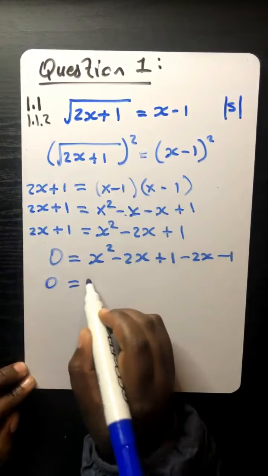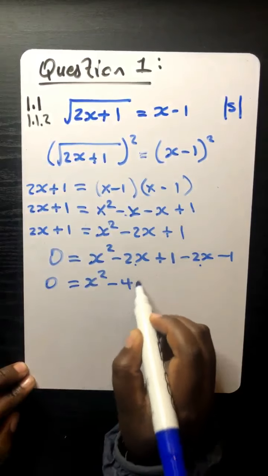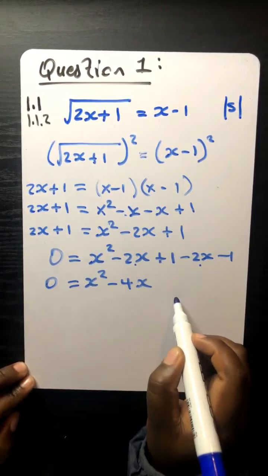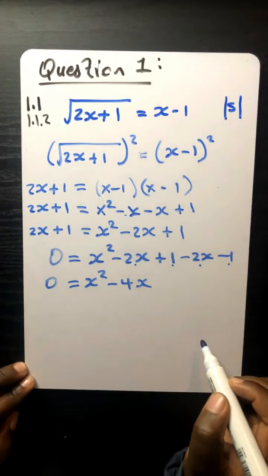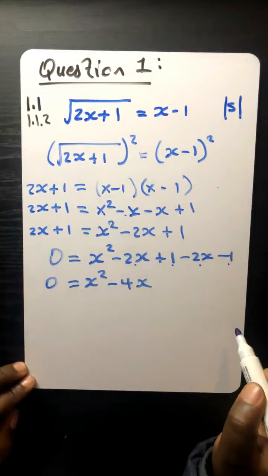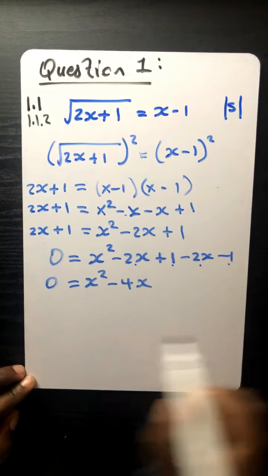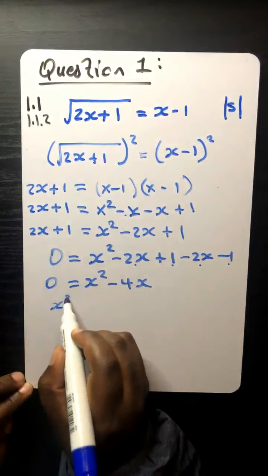You have 0 being equal to x squared, that and that gives you minus 4x. What about this and that? It seems like it gives you 0 there. I think so, because 1 minus 1 is equal to 0. So remember, guys, you can still swap this and it's still the same thing.